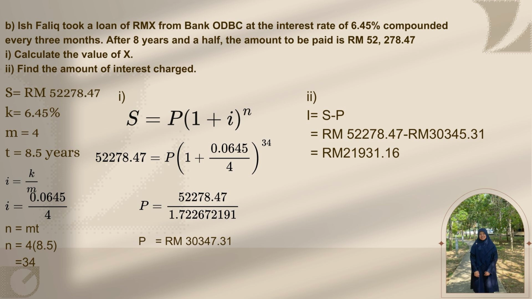In this case, the total amount Ishfalik owes at the end is RM52,278.47. Principal is the original amount he borrowed, which we don't know yet. Now, we can plug in the values into the formula. 52,278.47 equals X times (1 plus 0.016125) to the power 34.